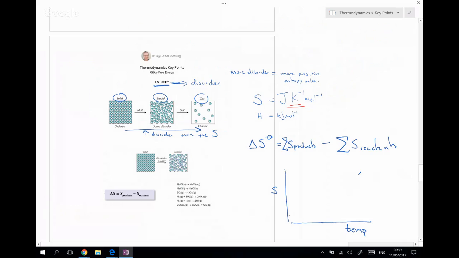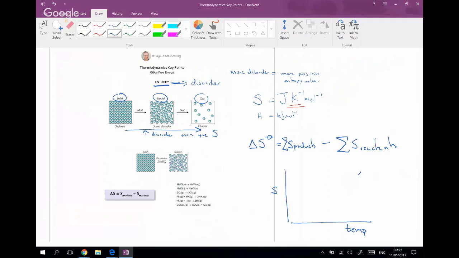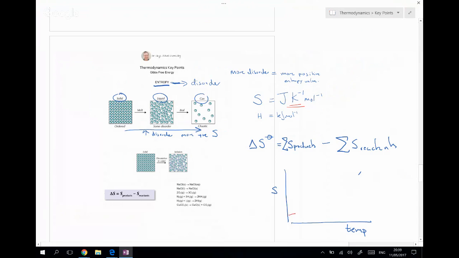As I gently increase, I'll then see a large jump, and this jump is due to a change of state. Then I would become a liquid and see an increase again. As I turn from a liquid into a gas, again I'd have an increase in entropy, and again another change of state.